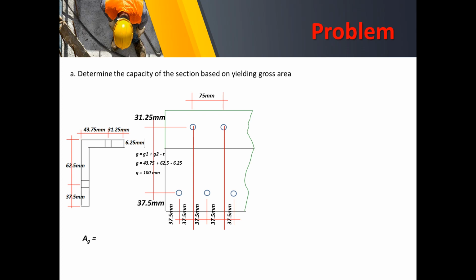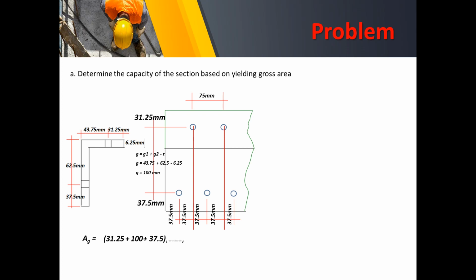So of course, we base our calculation on the gross yielding area. So we calculate the gross area: 31.25 plus 100 plus 37.5, multiplied by our thickness.